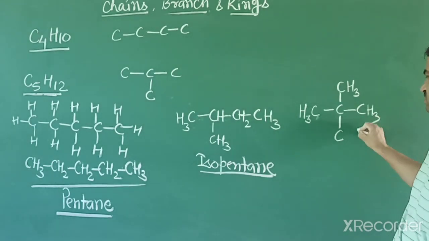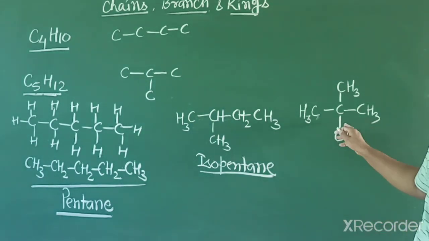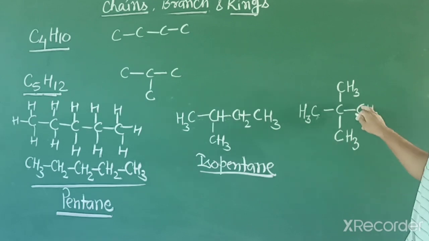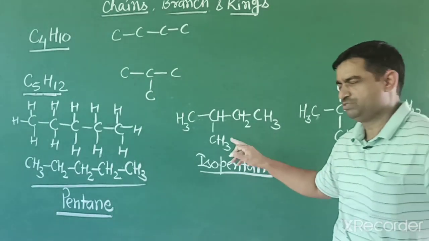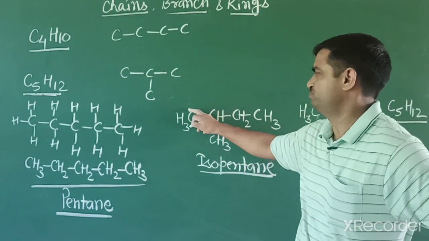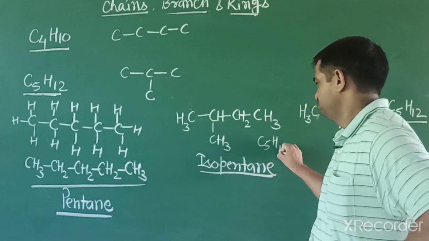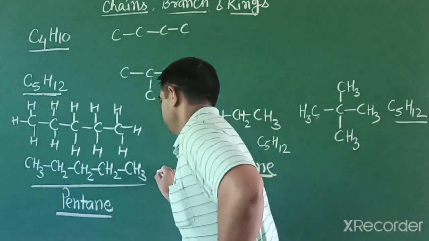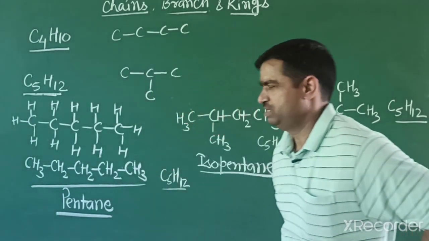Then CH3. So, if we count all these in the formula, 1, 2, 3, 4, 5, means C5H12. This also has the same formula, C5H12.